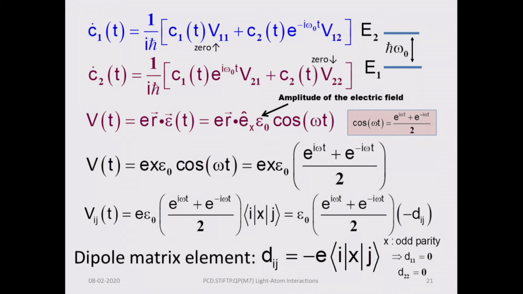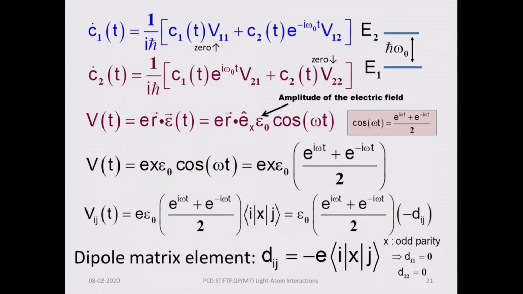So, you have only V12 and V21 to work with, and then you extract the common terms, which are exponential functions, and you have the matrix element called the dipole matrix element, which I have denoted here with Dij.